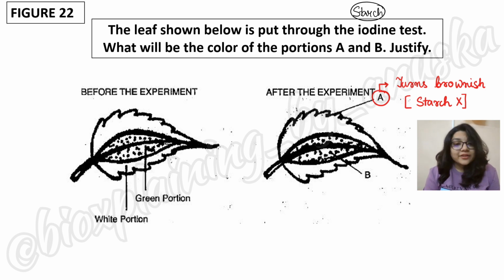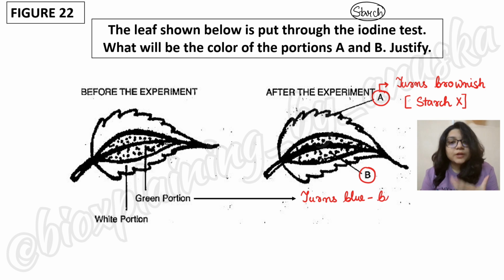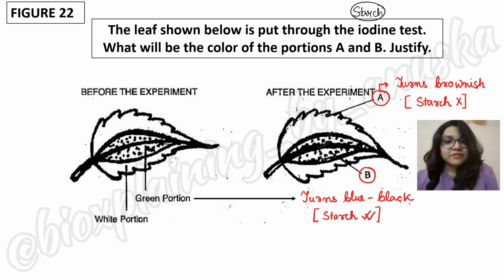What happens to the green portion, shown by B here, is that it is going to turn blue-black, and that indicates that starch is present in this green portion. The simple idea is that if you have chlorophyll, that is the green portion, then photosynthesis is going to occur.